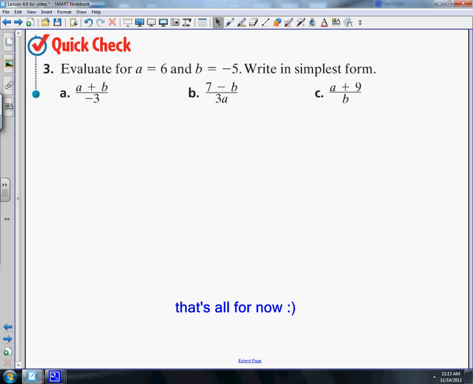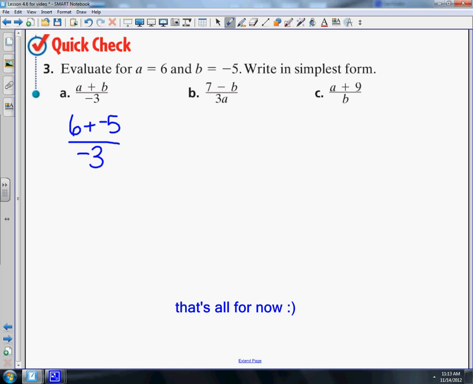So try these where they've given you A and B, and they want you to write it in simplest form. So try A, B, and C, and then we'll go over. All right, so A is 6, B is negative 5, and then it's over negative 3.